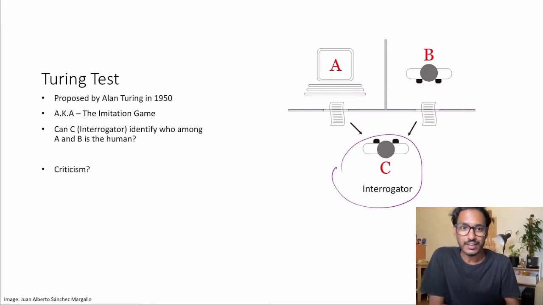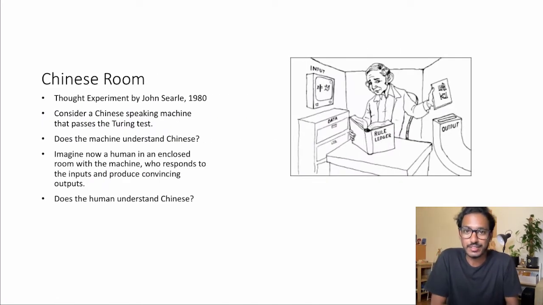So this is why the Turing test has been criticized. Think about this a little bit while we move on to another early definition or another thought experiment into artificial intelligence.